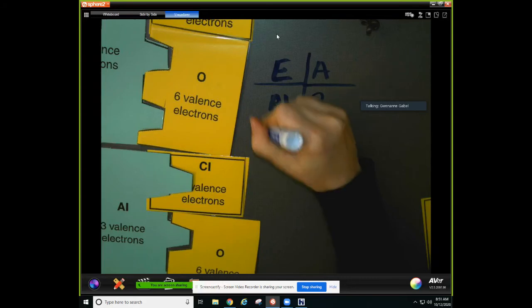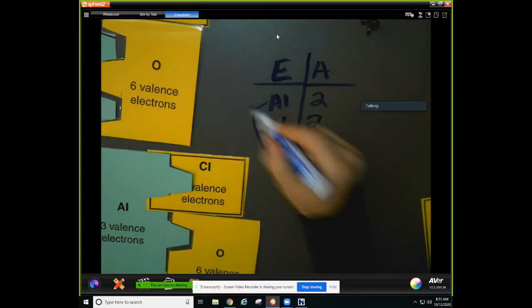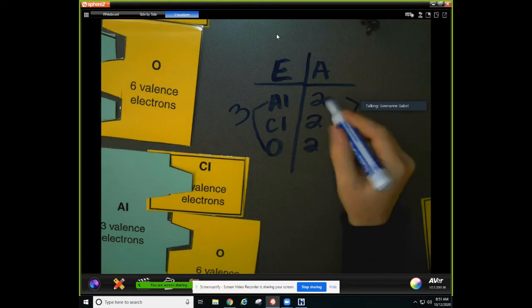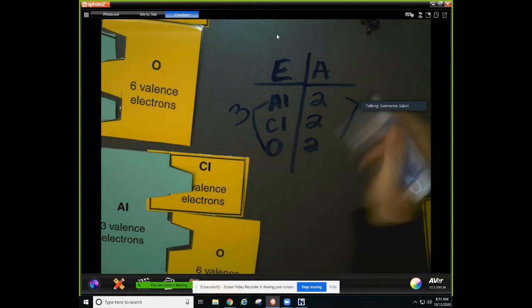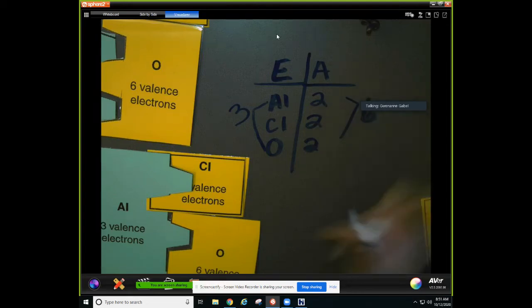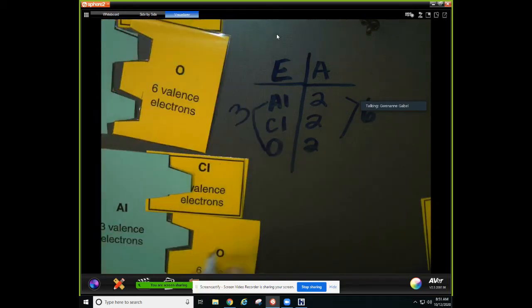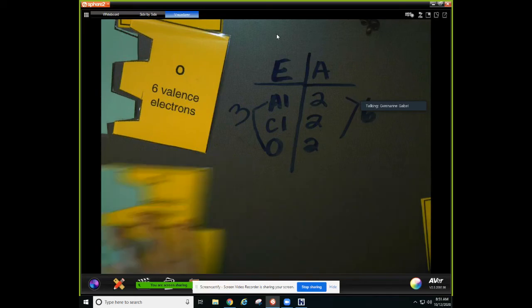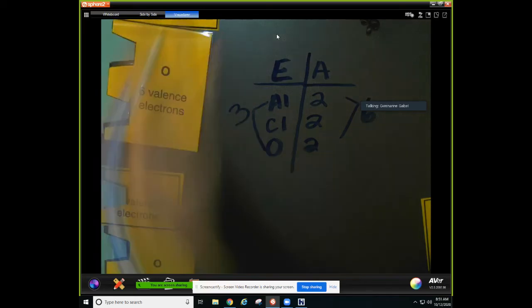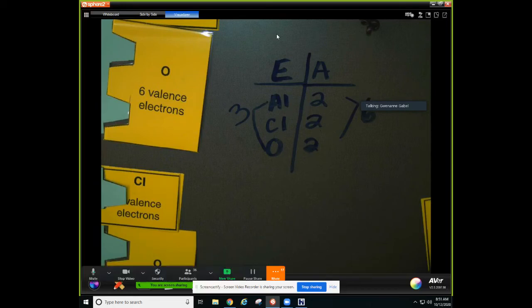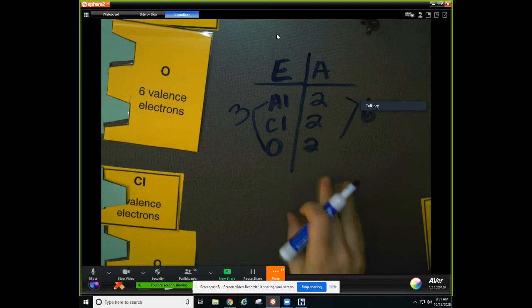So I have 3 total elements, and I have 1, 2, 3, 4, 5, 6 total atoms. I have 6 puzzle pieces. Okay? Your atoms are your building blocks. They are your puzzle pieces to everything that you see around you.